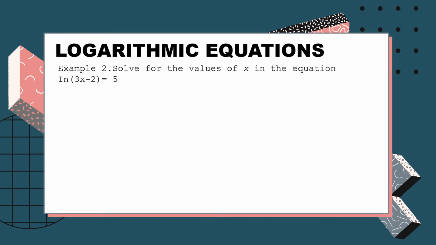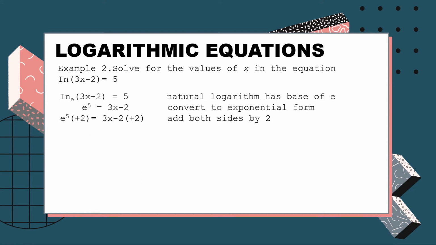Example number 2. Solve for the values of x in the equation natural log of 3x minus 2 equals 5. We all know that natural logarithm has base of e, which makes log base e of 3x minus 2 equals 5. And we convert to exponential form and do the same thing again. We make 5 the power of the base, which makes it e raised to the power of 5 equals 3x minus 2.